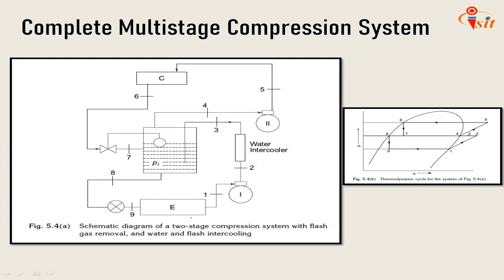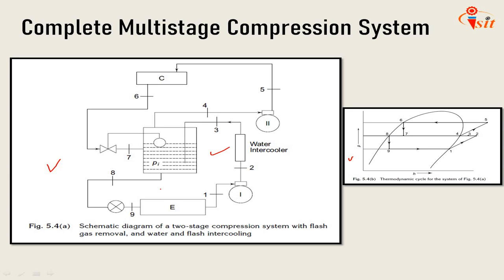Now the next point is about the complete multi-stage refrigeration system. A complete two-stage compression system with flash gas removal and flash intercooling is shown in this figure, and its p-h diagram also. It may be noted that a part of the heat of low stage compression can be removed by water intercooling, in case the discharge temperature from the stage is substantially higher than the cooling water temperature.